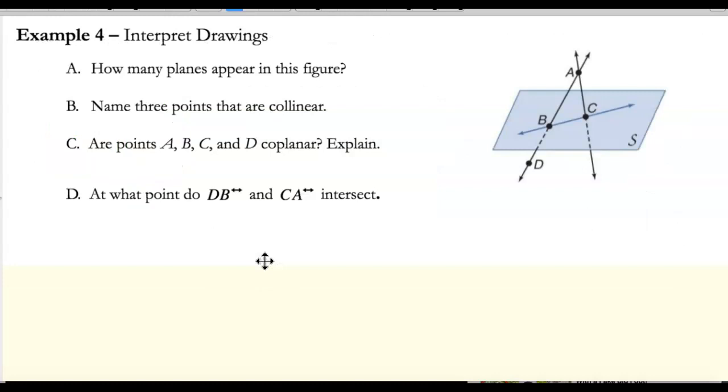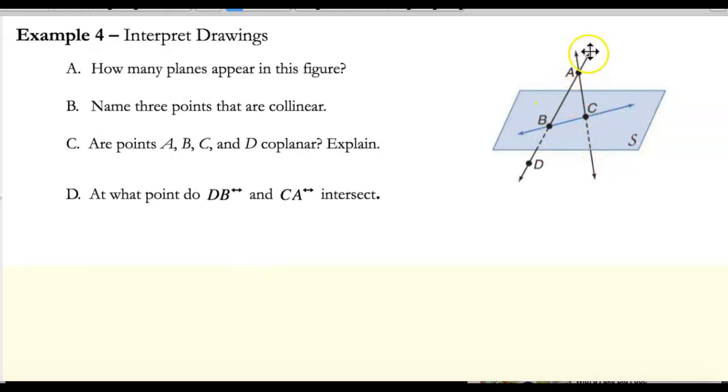Next, the last two examples have to do with looking at and interpreting drawings. One thing I want you to understand here is, remember, 3 points are needed to talk about a plane. So if I looked at this plane here, S, that's a plane for sure.